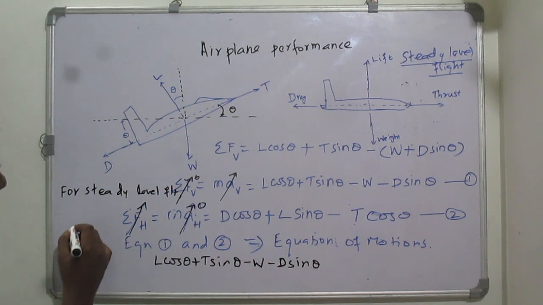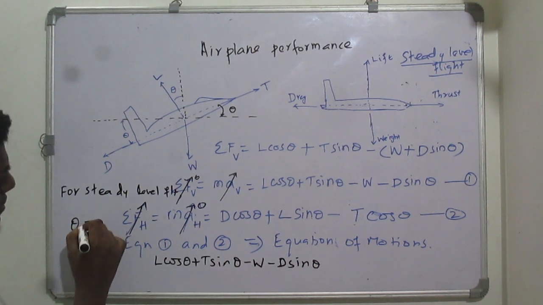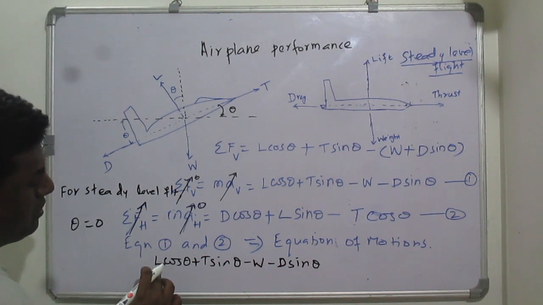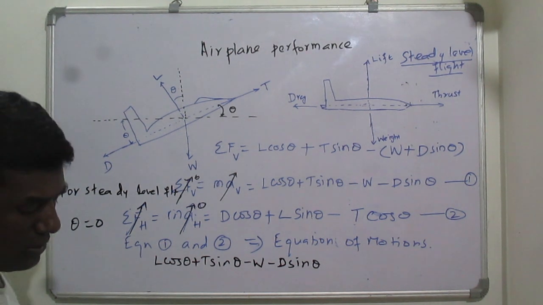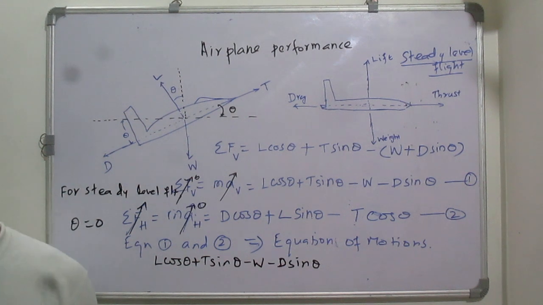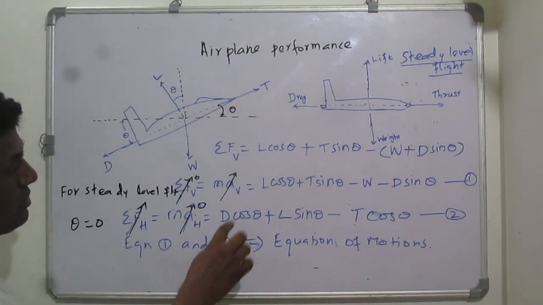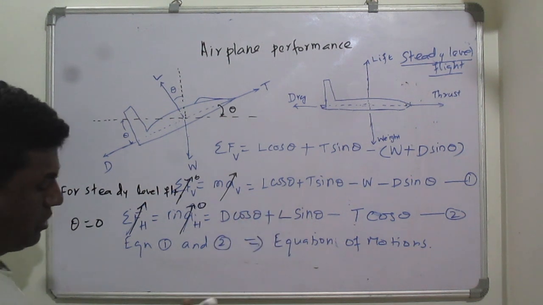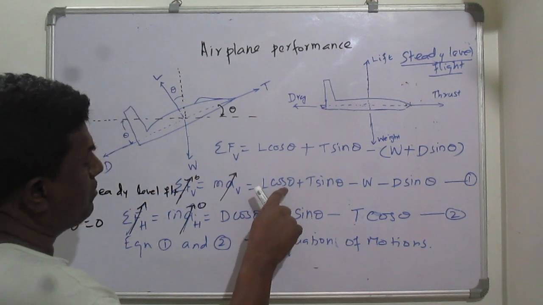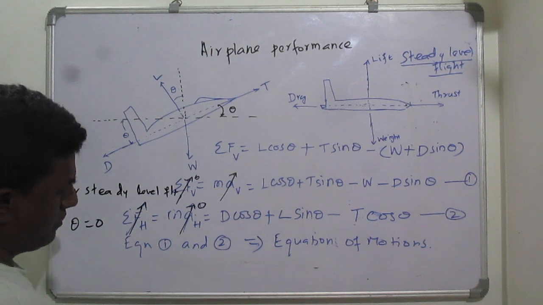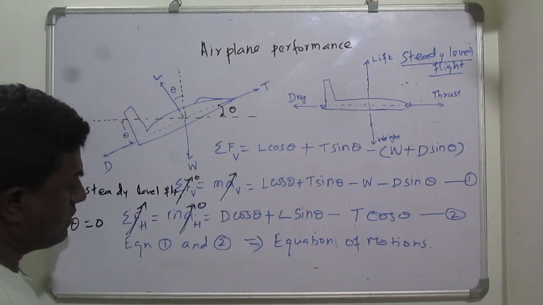That is the idea, theta is becoming 0. If theta becomes 0, then L cos theta, when we apply theta equal to 0, this condition, then this will become L.